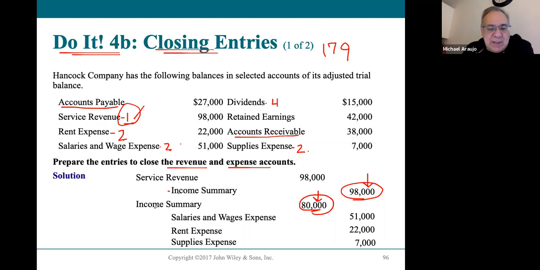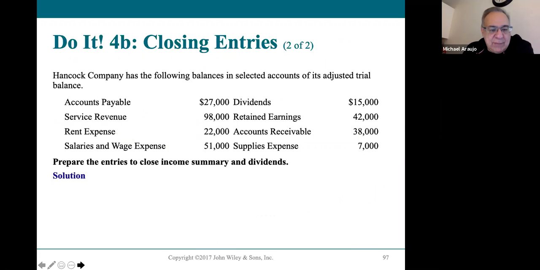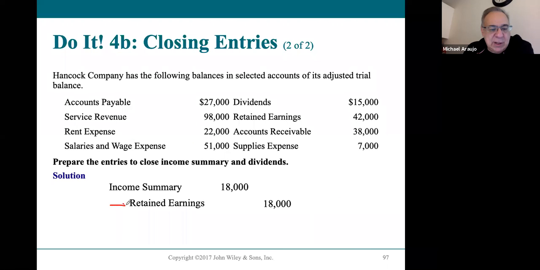Now that's the second step. The third step is that we no longer need income summary. We no longer need that account. So we can close the income summary account into retained earnings. That $18,000 I was telling you about is the profit. That profit or net income is going to be added to the retained earnings account on the credit side. Income summary gets debited, so it's zeroed out, and we no longer need it.